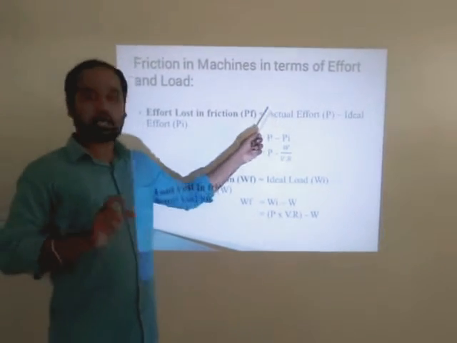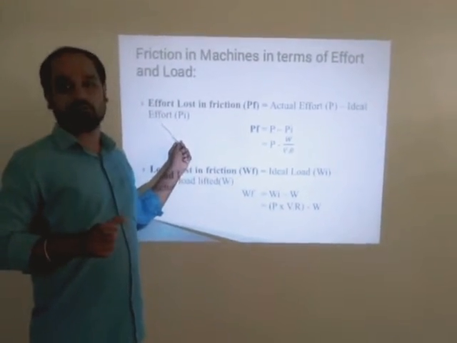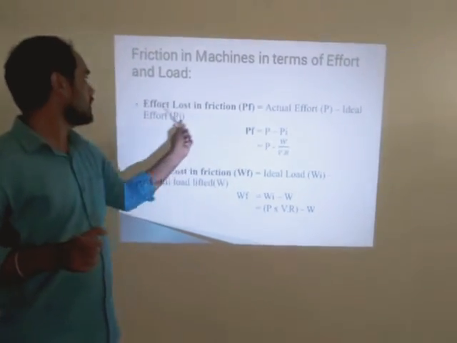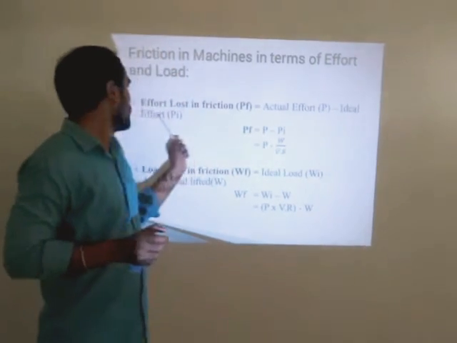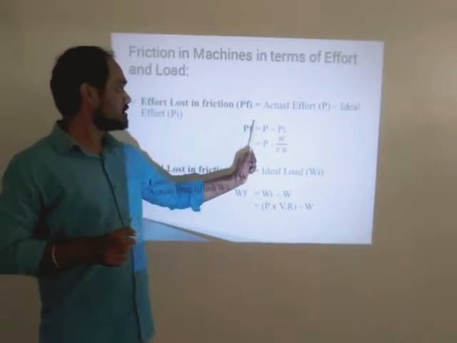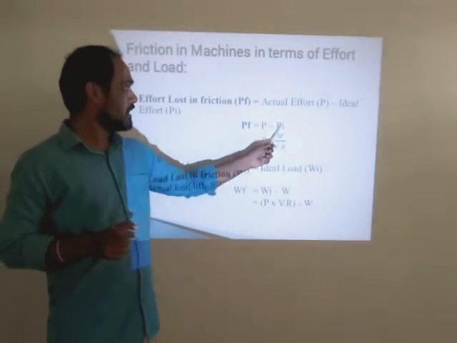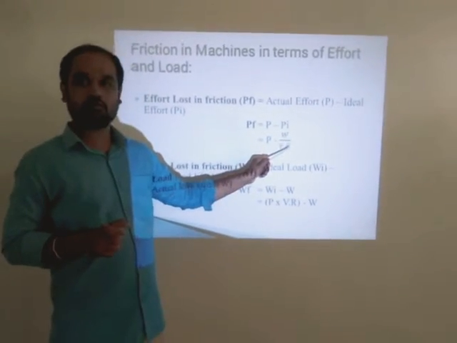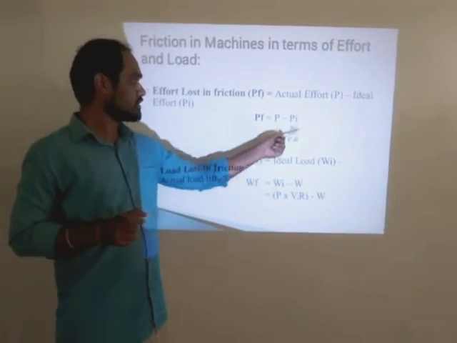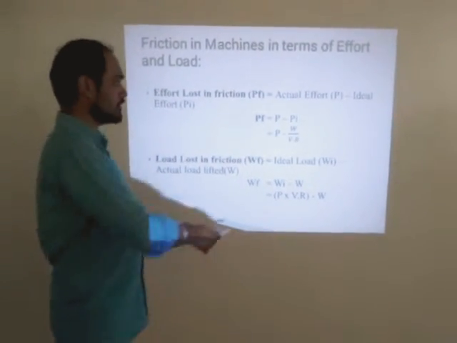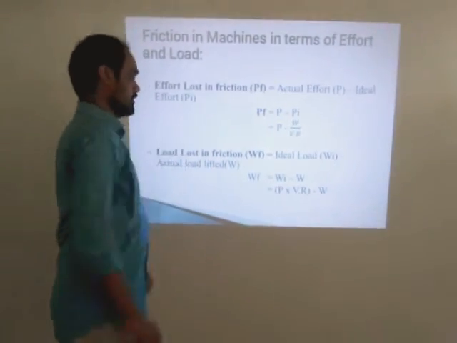The actual effort is more than the ideal effort. Therefore, effort loss in friction is calculated as actual effort minus ideal effort: Pf is equal to P minus Pi. Here Pi is equal to W upon Vr, where Vr is the velocity ratio. In the previous slide, we discussed Pi. P means actual effort and Pi means ideal effort.